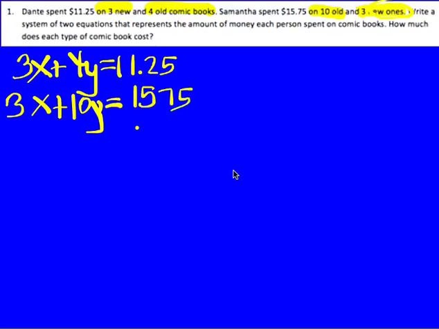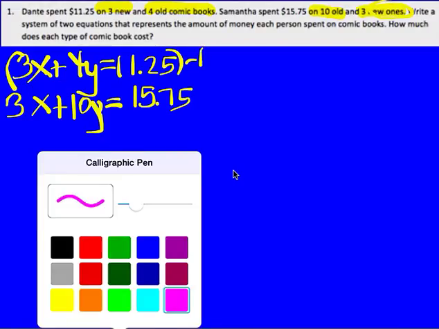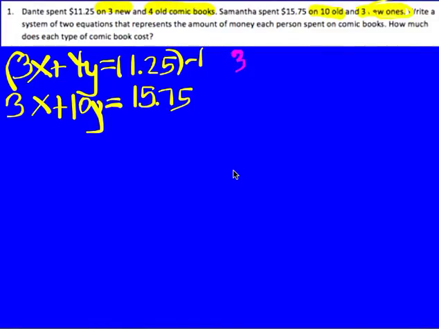Now one thing I want you to notice is that we don't have opposites. We do have the same number on our x's, but they're not opposite. So I'm going to make it opposite by multiplying the top equation by -1. We get negative 3x minus 4y is equal to negative 11.25.